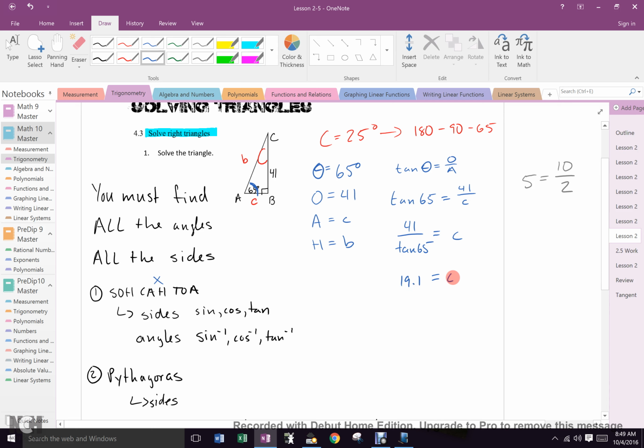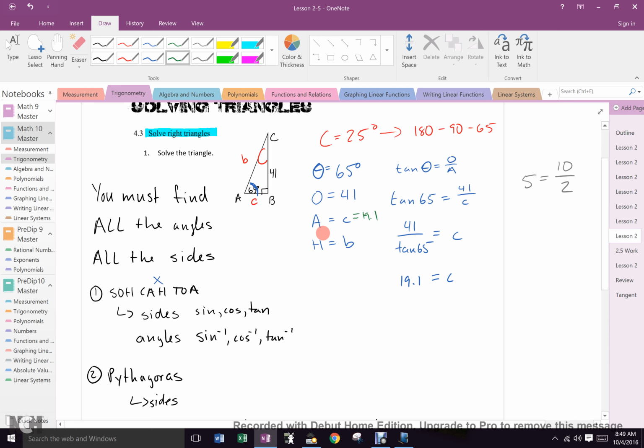Now, once I have C as 19.1, that opens up a whole bunch of options to me, doesn't it? I have two sides. Can I use Pythagoras? Yeah. I am not going to use Pythagoras because this is a trig class, right? I'm going to use trig. So now I've used tan, so I'm going to switch colors to green. Now I've got my A of 19.1.